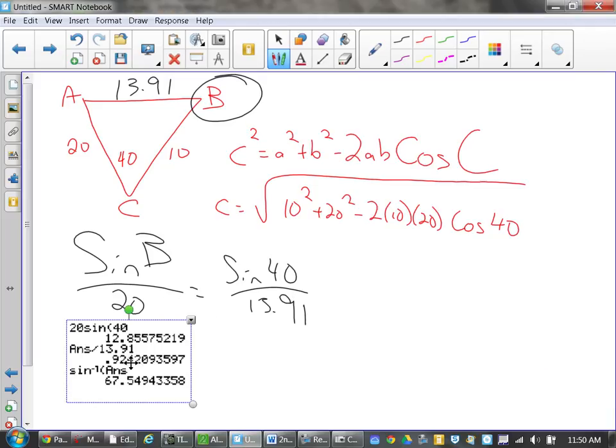That could work. So B would be 67.55, which means angle A would just be the leftover. What is that going to be? 72.45.